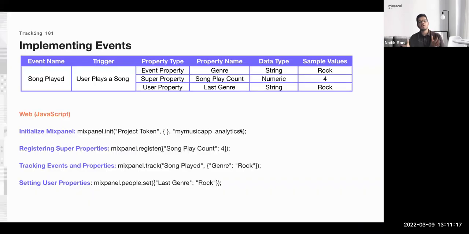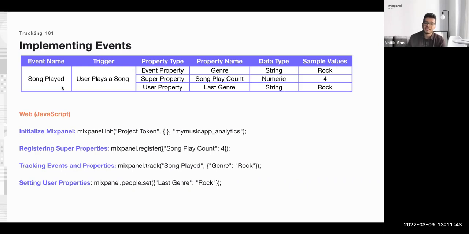So let's go to the example where you are a music platform, and you have an event called song played, which would be triggered every time a user plays a song. Whenever you are sending the event song played, you have certain properties that you want to send with the event. Let's say you have the title of the song, or you also have the genre of the song. This is how I have documented this event.